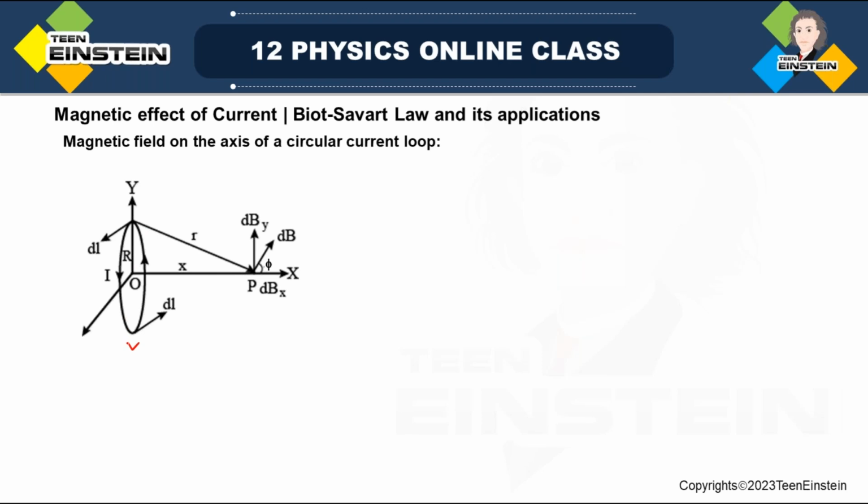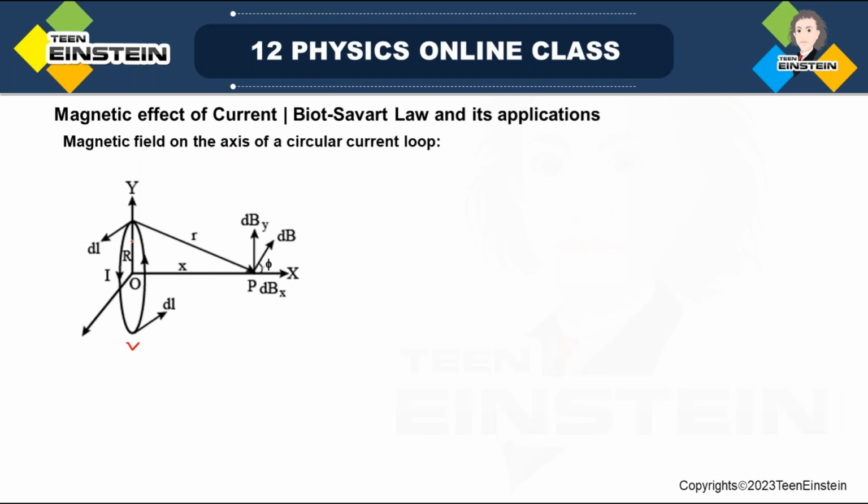See, this is a loop, as you see. So we are now calculating the magnetic field on the axis of a circular current loop.